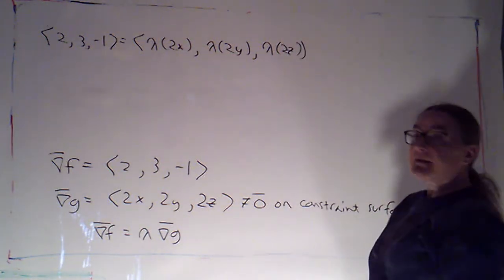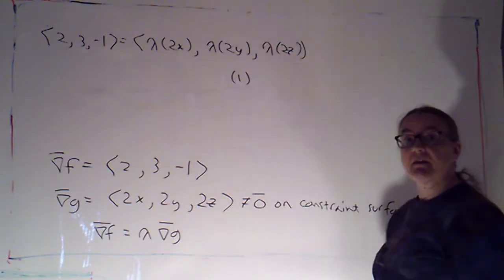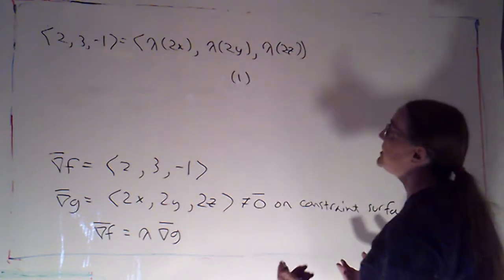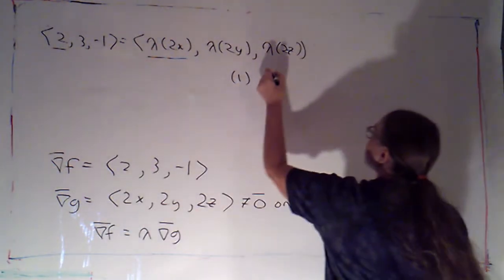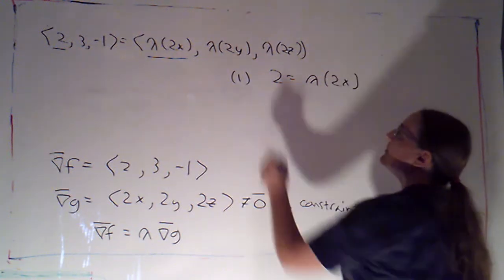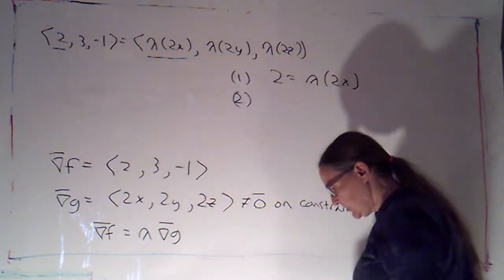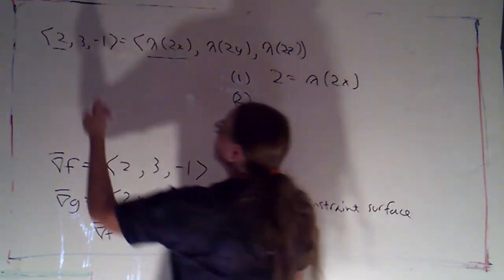And if I want to create a system of equations, my first equation will simply tell me that my first components have to be equal. So 2 has to equal lambda times 2x. My second equation will tell me that my second components need to be equal.